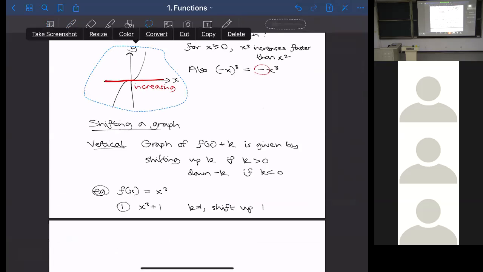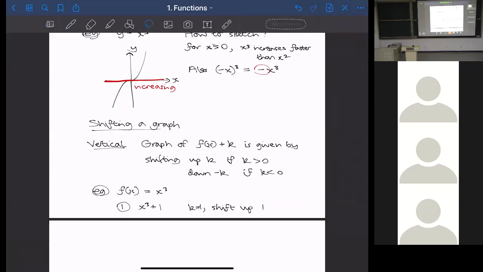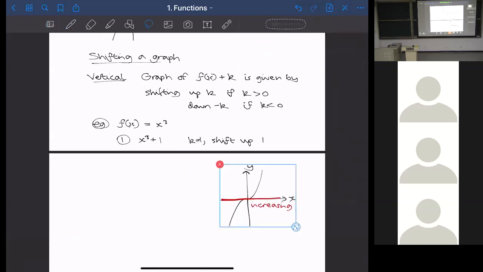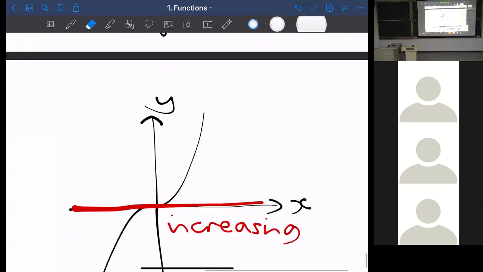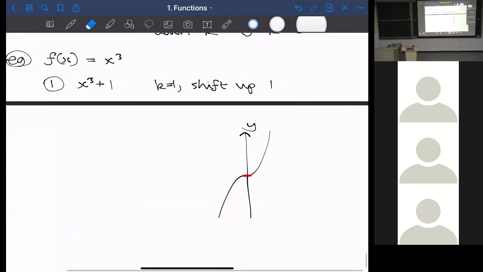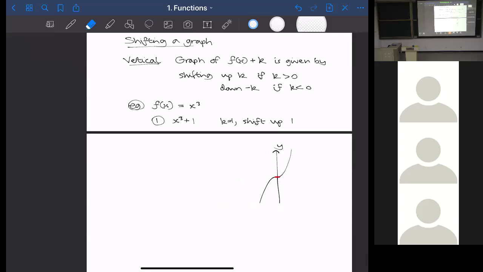So we're taking this same graph and we're shifting up 1.